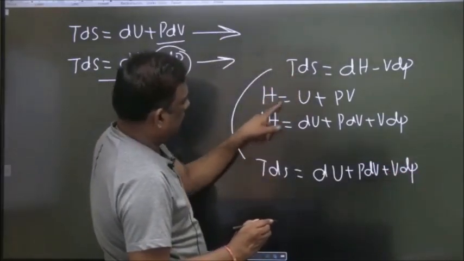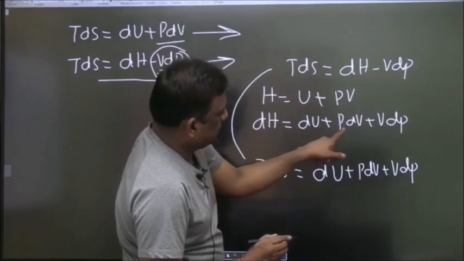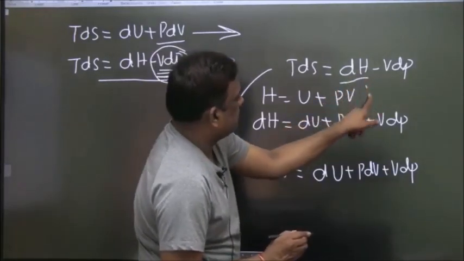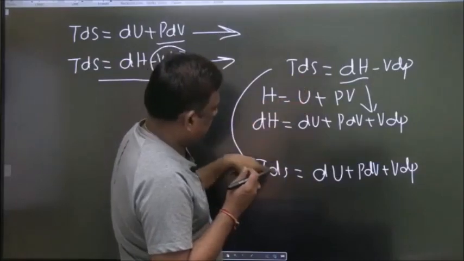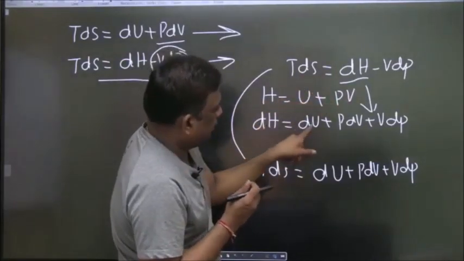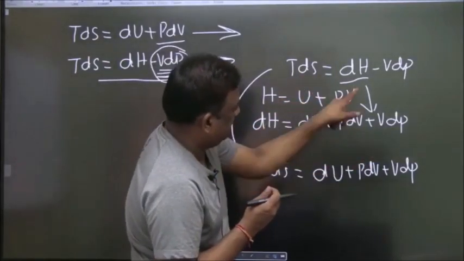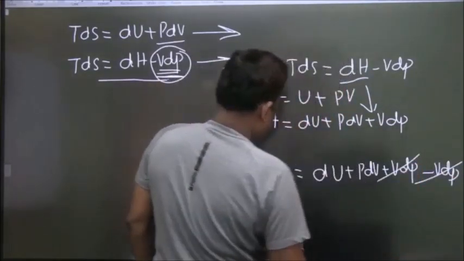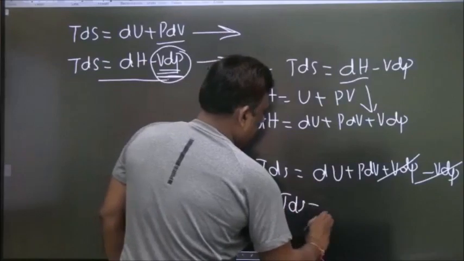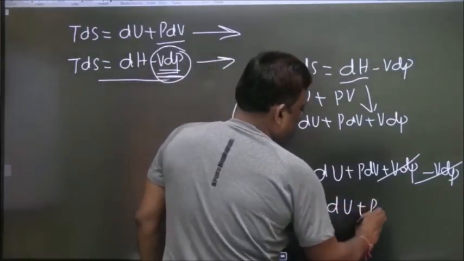I have just substituted the value of dH. TdS is equal to dU plus PdV plus VdP minus VdP. So TdS is equal to dU plus PdV.